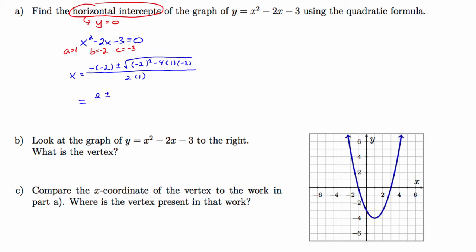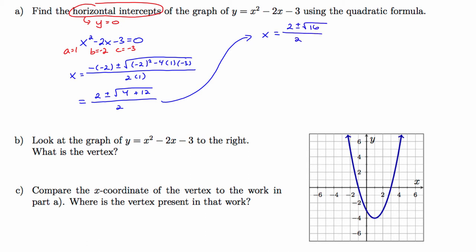Underneath the radical, negative 2 quantity squared is a positive 4. Negative 4 times 1 times negative 3 is a positive 12. And 2 times 1 in the denominator is 2. Continuing to simplify this further, 4 plus 12 under the radical will become 16. And so we will have x equals 2 plus or minus the square root of 16 over 2.